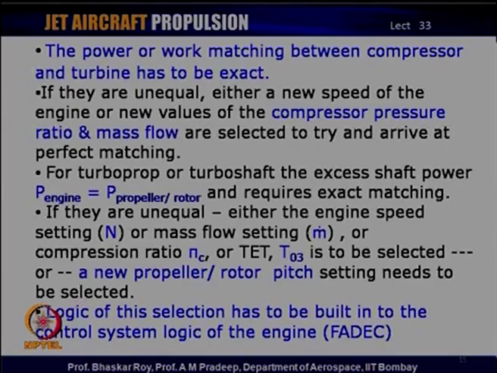And if they are unequal, either a new speed of the engine or the spool, or a new set of values of compressor pressure ratio and mass flow are to be selected to try and arrive at perfect matching.